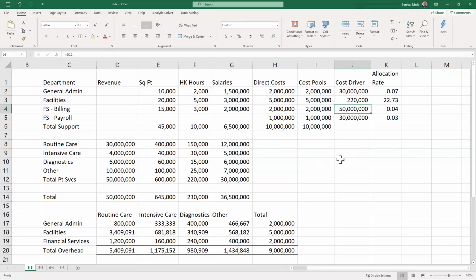It takes the same amount of effort for a biller to send out a $10,000 bill with 2 lines on it as it does to send out a $100 bill with 2 lines on it, right? The dollar amount doesn't drive how much effort is involved in actually billing. So I would say you'd either want the number of bills or the number of lines on the bill or something like that to get a better driver.